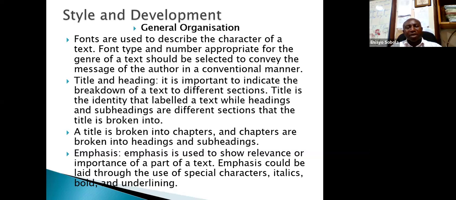If you want the text to be big, there's a particular font size to use. And a particular font type, you also need to consider. So the font type and number are appropriate for different genres of text. And this should be selected to convey the message of the author in a conventional manner.